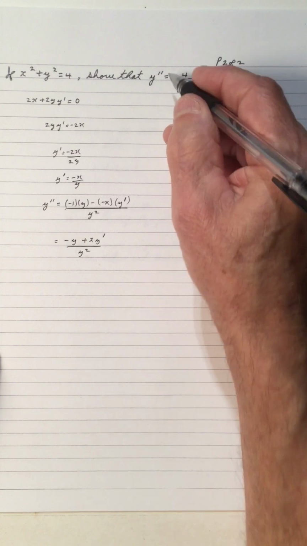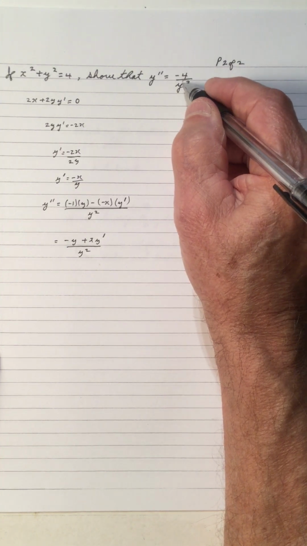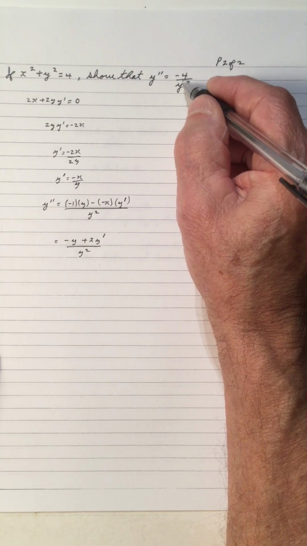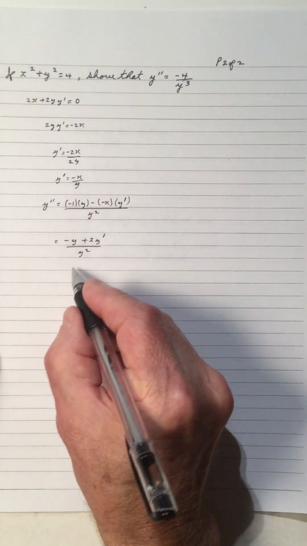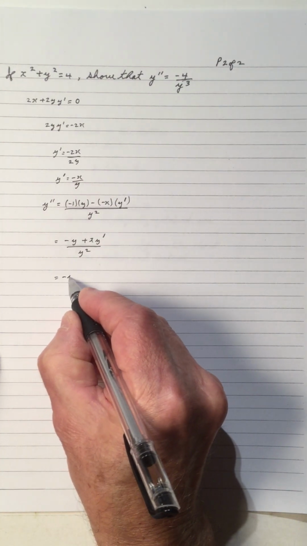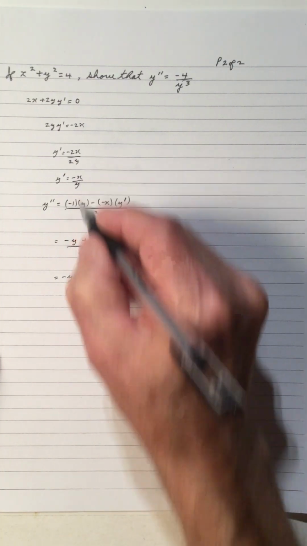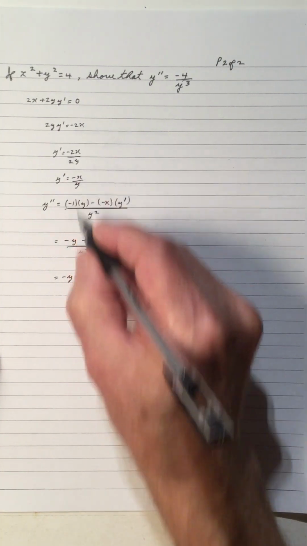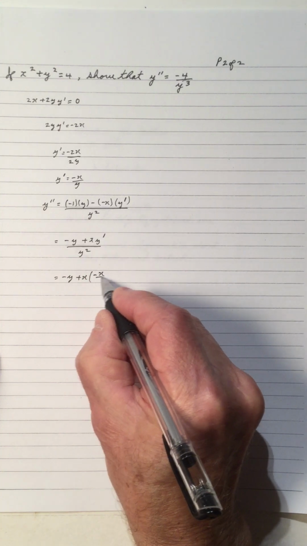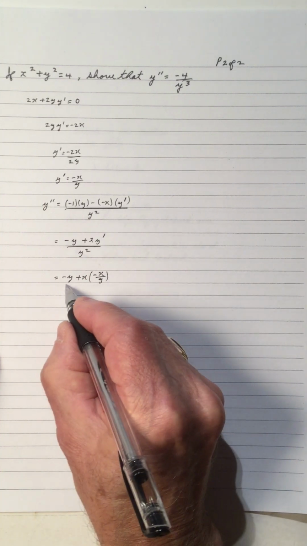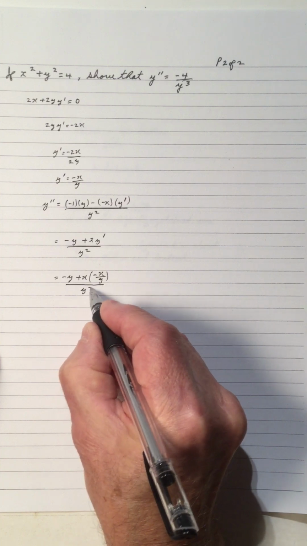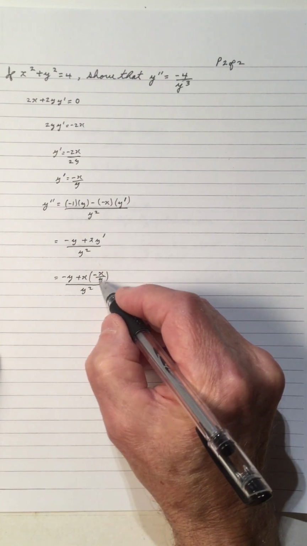Notice we want y double prime to be in terms of y, so that means the x has to go. So we take the y prime, which is negative x over y, and substitute it.